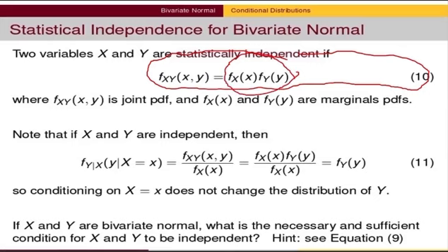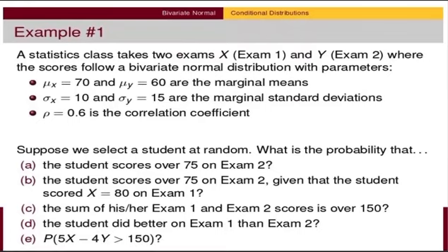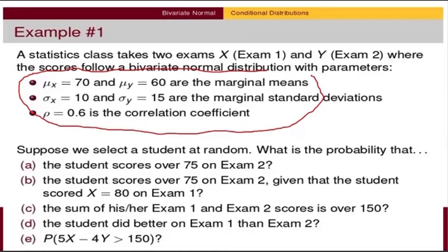But before I go, what is the application of this? I just wanted to take a look at this. A statistics class takes two exams, X exam 1, Y exam 2, where the scores follow a bivariate normal distribution with parameters. They have to give you all the parameters to use bivariate. How many? Five: the mean of X, the mean of Y, sigma X, sigma Y, and the correlation. The question is, suppose we select a student at random.